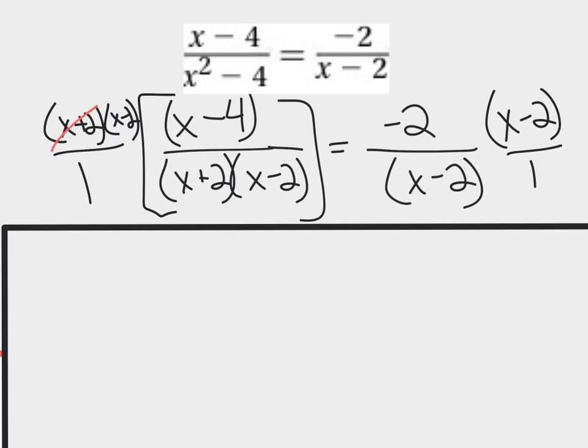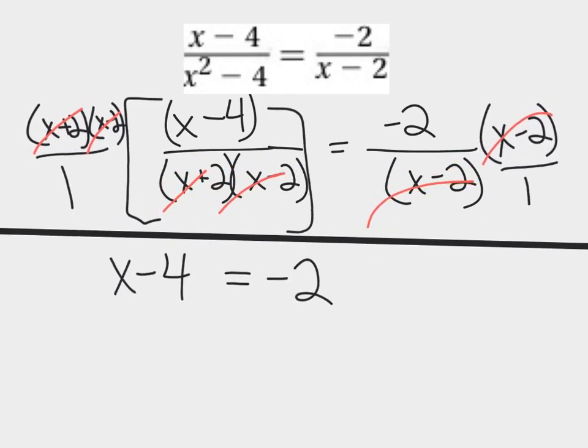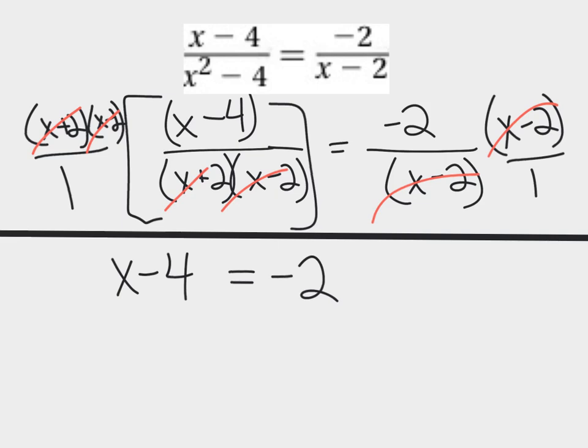So on the left side, everything cancels there. So that would just leave us with x minus 4. On the right side, the x minus 2's cancel, and we would be left with negative 2. And I guess we're going to have to work it out the way that they said, because I made a mistake here, was that on the right side we should have been multiplying by x plus 2 times x minus 2.